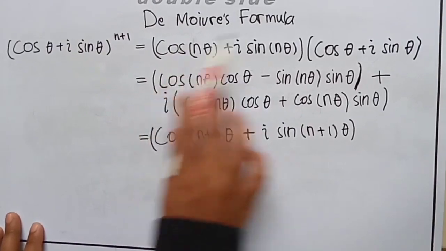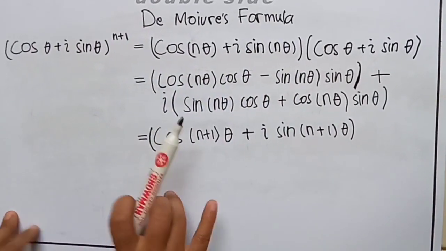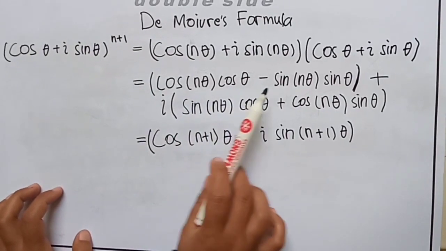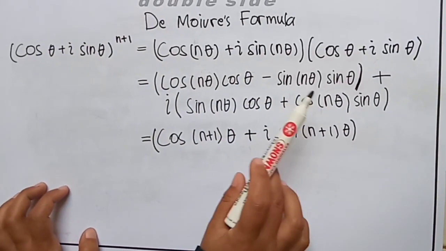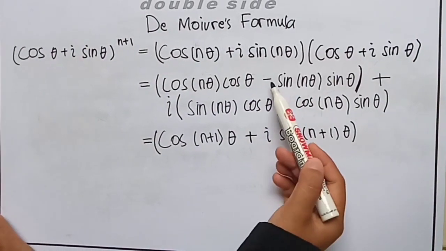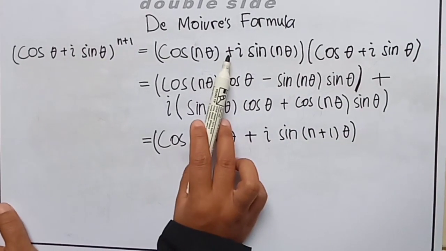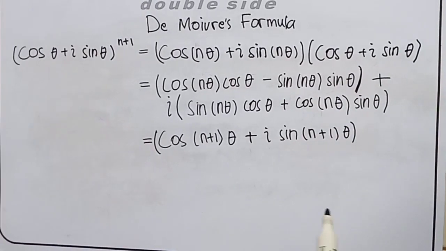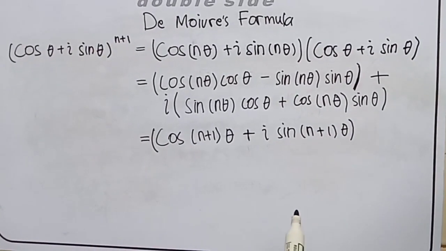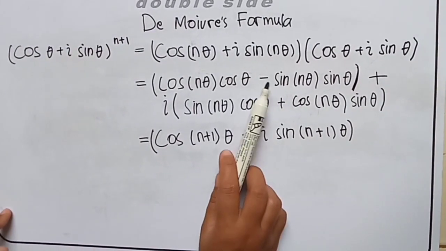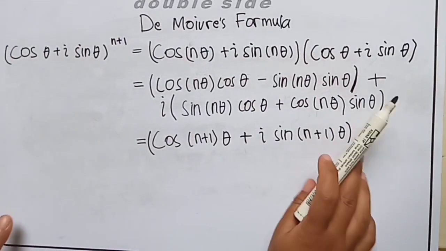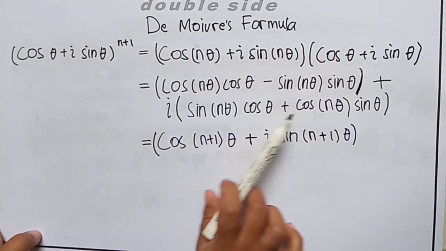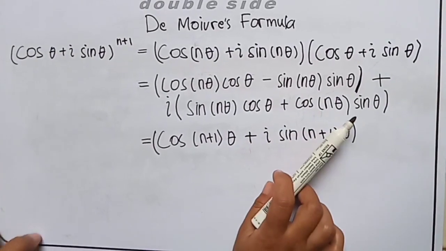So we just multiply this and we get here cosine n theta cos theta minus sine n theta sin theta. Why is this minus? Because here is plus i times plus i, so we get, because i is imaginary and i squared is equal to negative 1. And here plus i times sine n theta cosine theta plus cosine n theta sine theta.